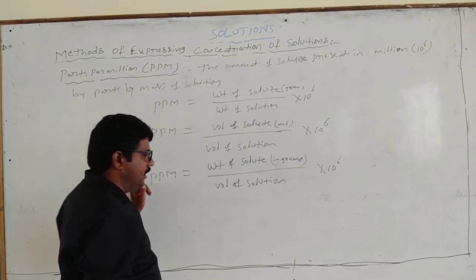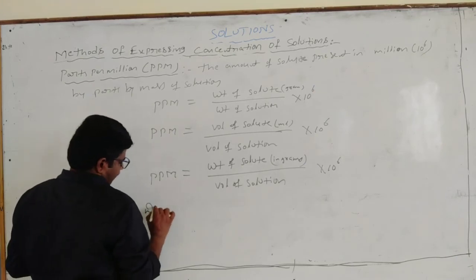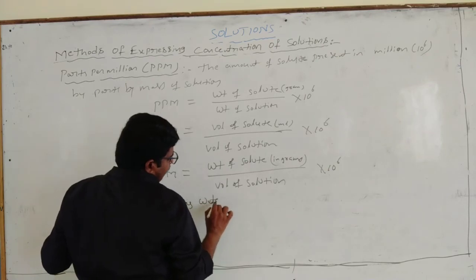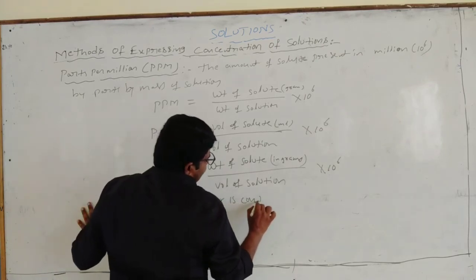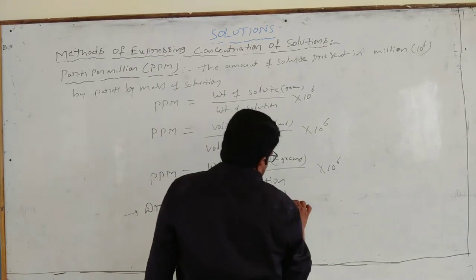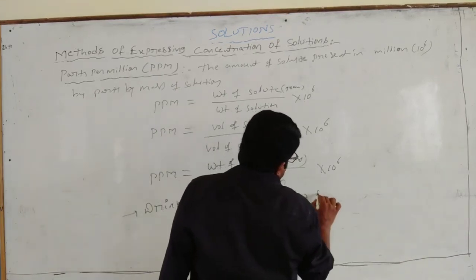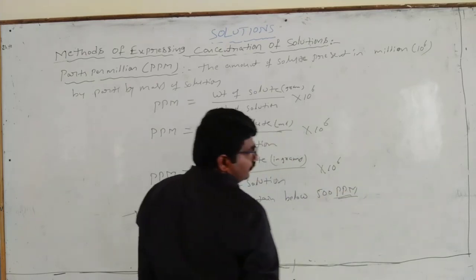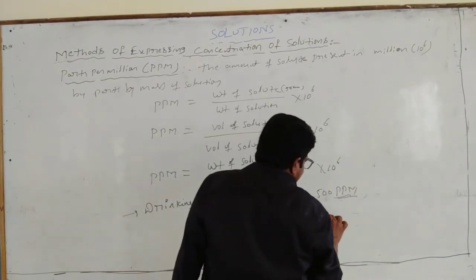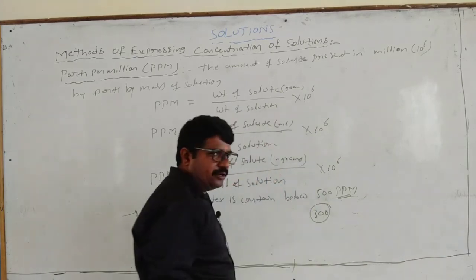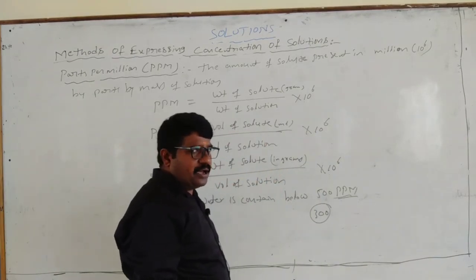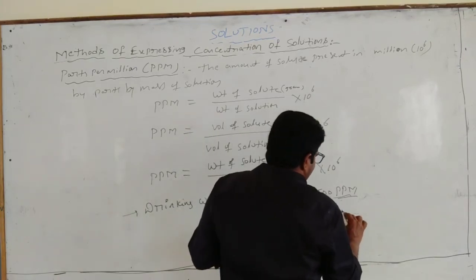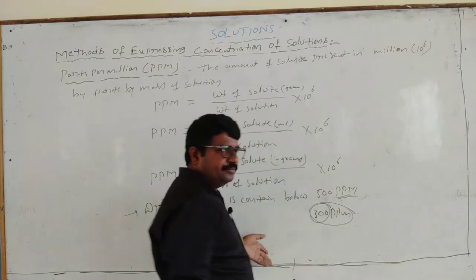The exact acceptable value according to the World Health Organization is 300 ppm in drinking water.